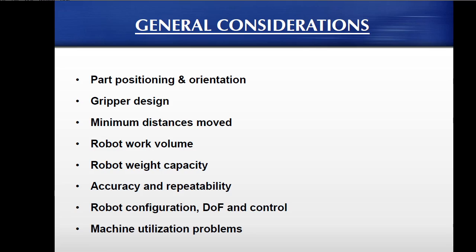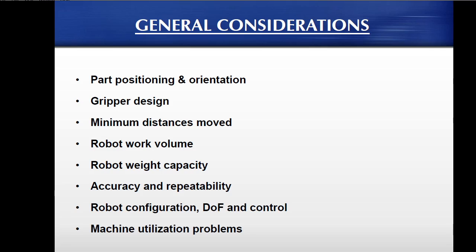Then which type of robotic configuration, whether you need to go for a Cartesian type, a cylindrical type or a spherical type, should be considered. The configuration is based upon the work envelope, and the degrees of freedom is based upon the work that you have to do, whether we need a 4 degree of freedom spherical robot, a 6 degree of freedom spherical robot, etc. And the control mechanism which has to be implemented.